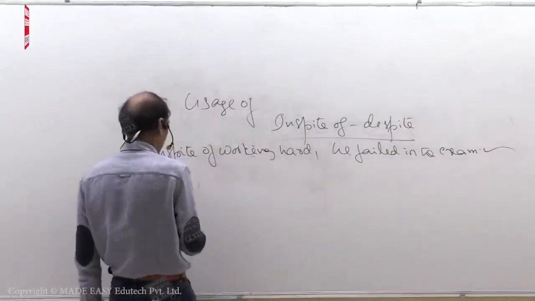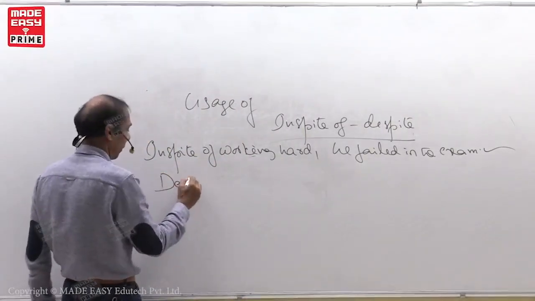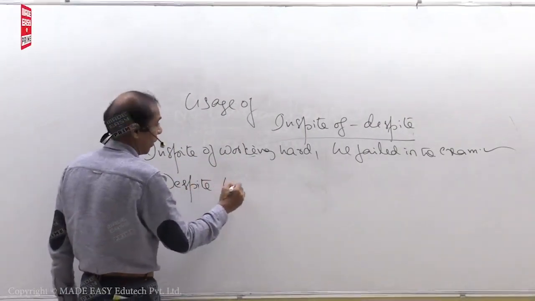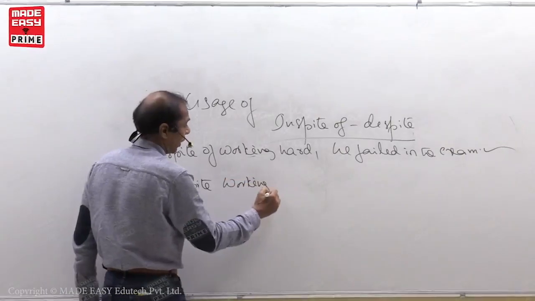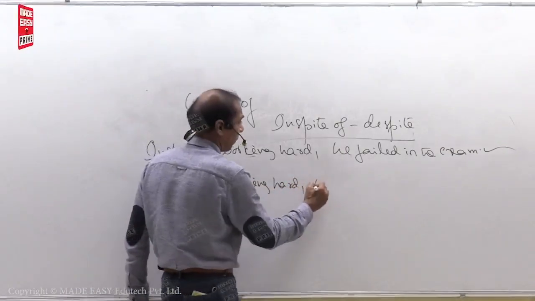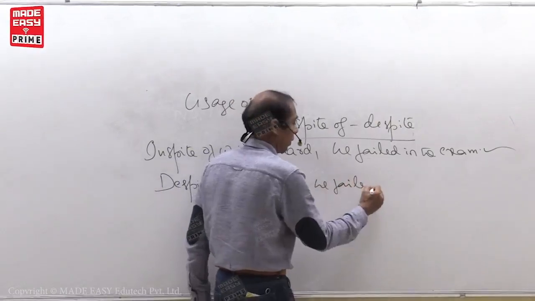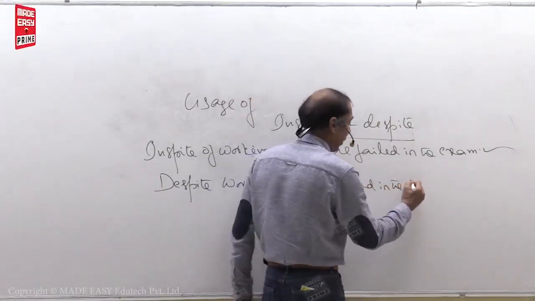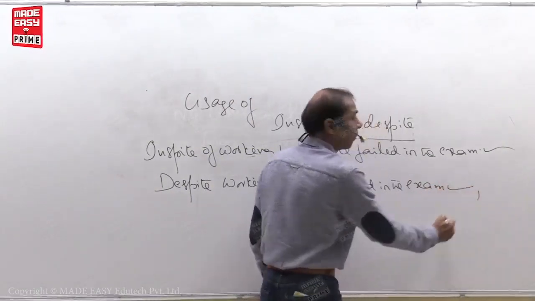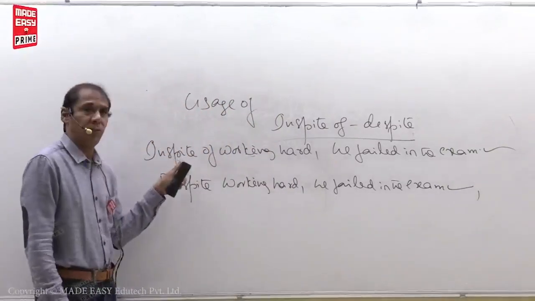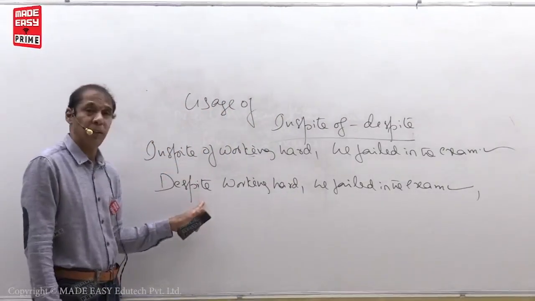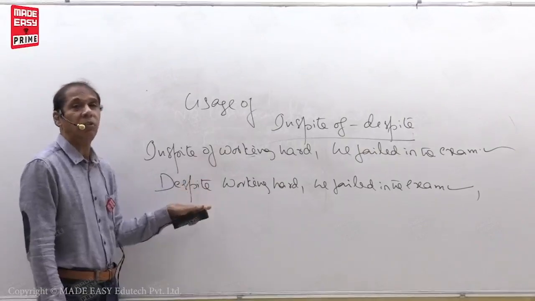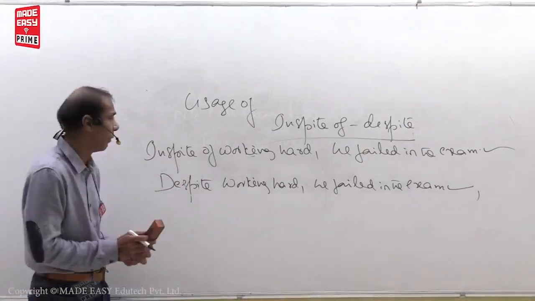Correct. Or else, despite working hard, he failed in the exam. Both are correct. Use in spite of, or else use despite. But don't say in spite, don't say despite of. Okay?